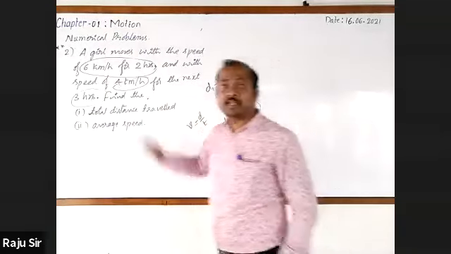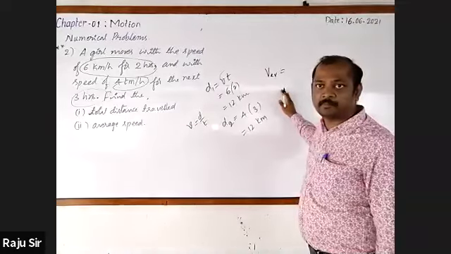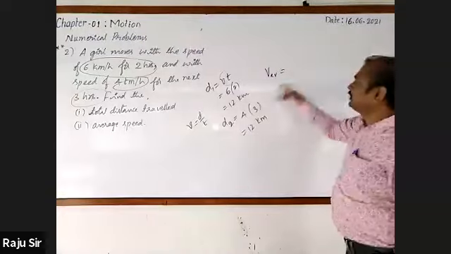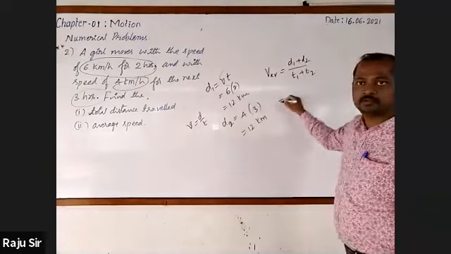To find out the average speed, we have a formula. V average is equal to total distance by total time taken. You can write D1 plus D2 by T1 plus T2. Is it not? Yes, sir.